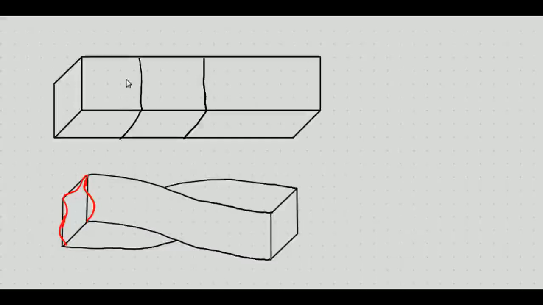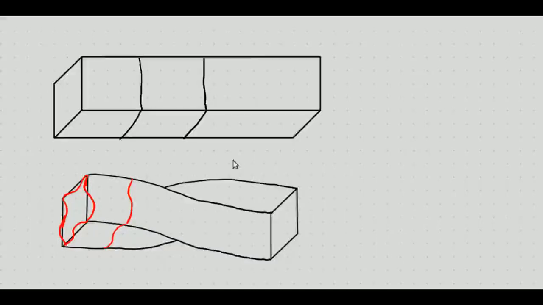If we mark these faces like this, we can see that any line we take will be distorted like this.